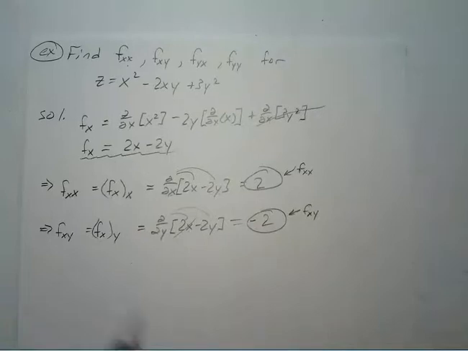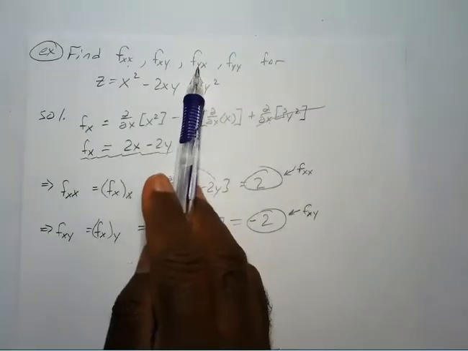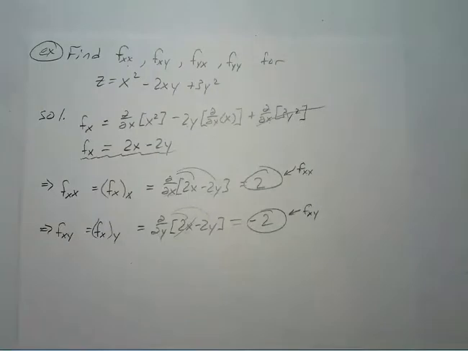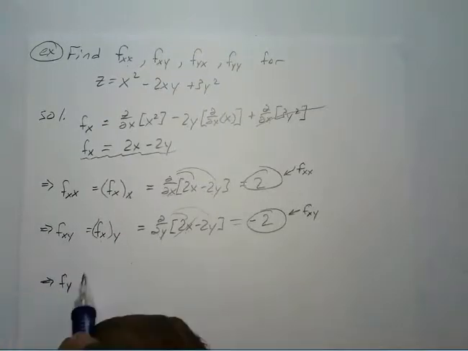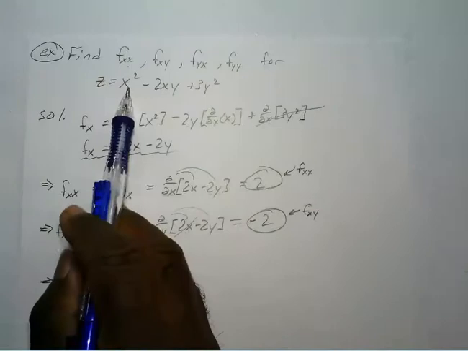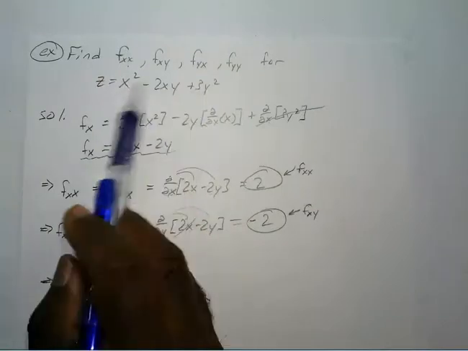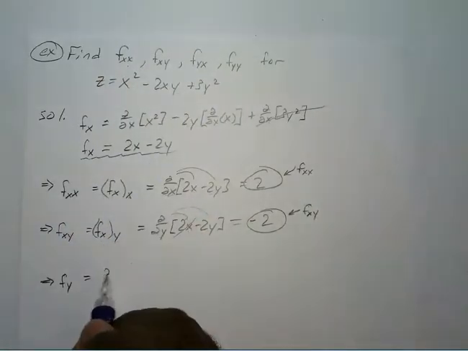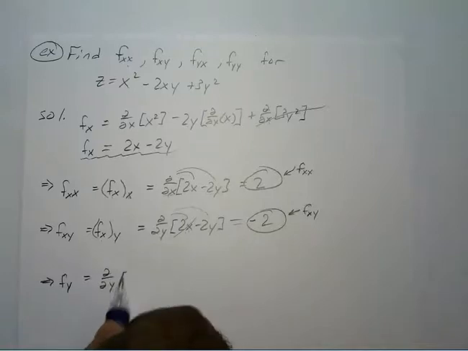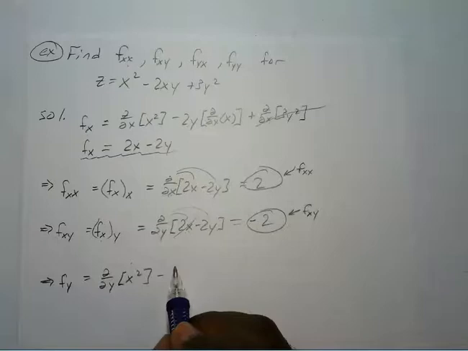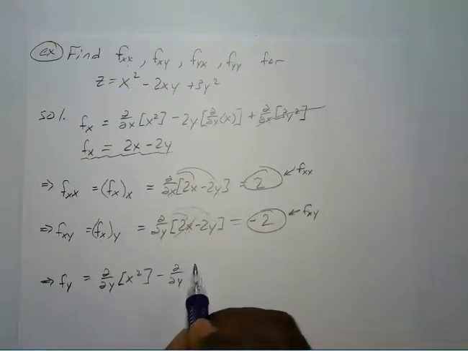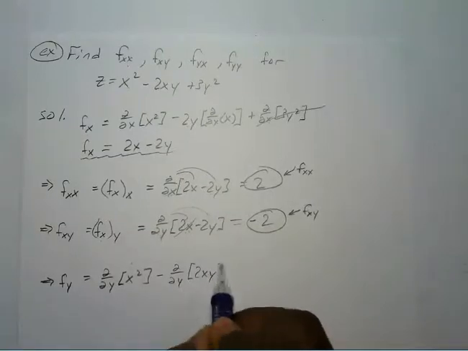Okay, so now we have to find the partial with respect to y, then x. Okay. So for the partial with respect to y, remember, we have to find the derivative of each term with respect to y. Partial with respect to y of x squared minus partial with respect to y of 2xy.